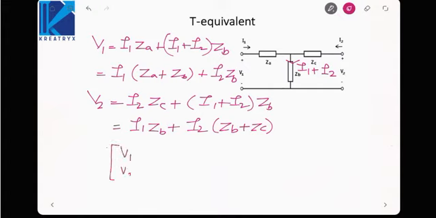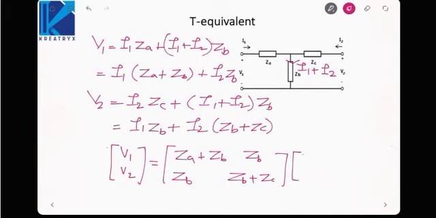V1, V2 will be equal to the matrix [ZA plus ZB, ZB; ZB, ZB plus ZC] times I1, I2. Now for these parameters to be symmetrical, Z11 must be equal to Z22, that is, ZA must be equal to ZC.